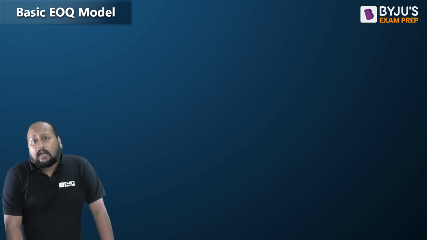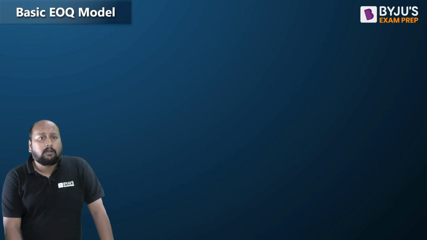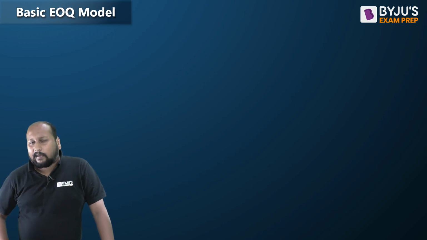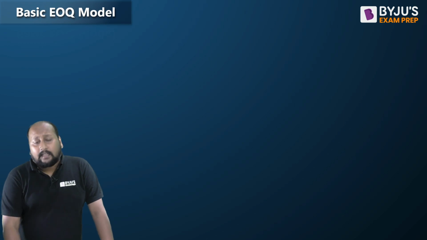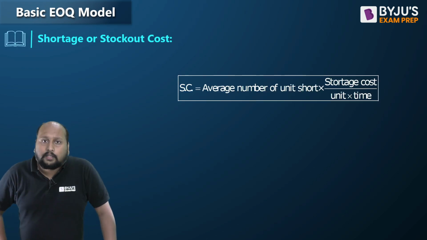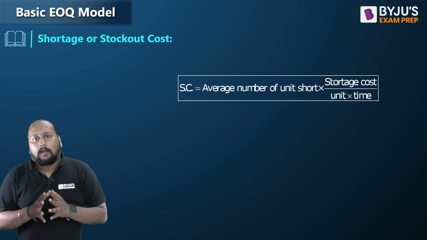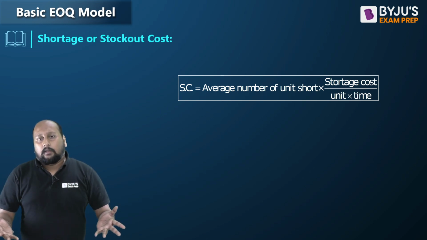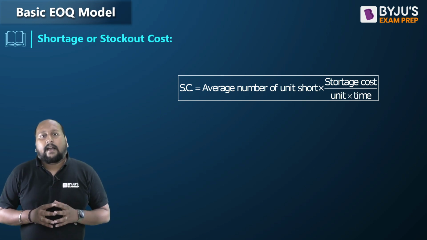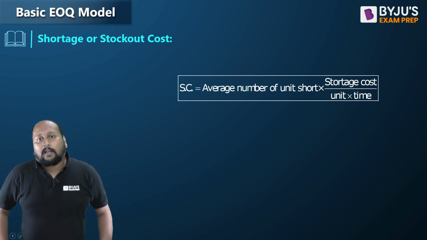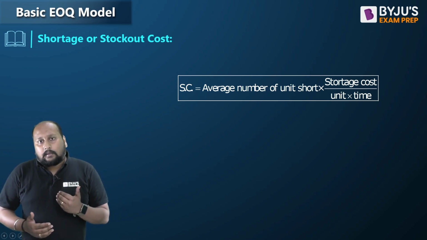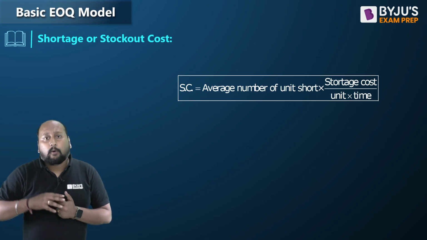Now, the fourth cost that you should know, which is basically not included in the basic EOQ, because later on we'll be seeing the different assumptions, is the shortage cost. What is shortage cost? Let us suppose you as a customer go to a shop and you see that some of the items you require are not available. Then what happens? There will be some loss to the shop owner, right?